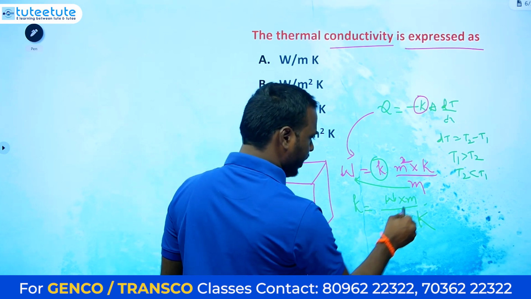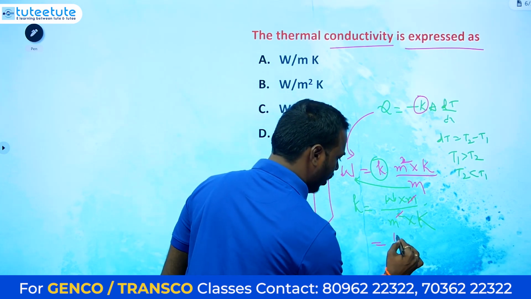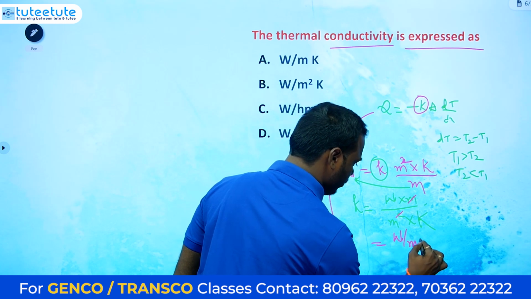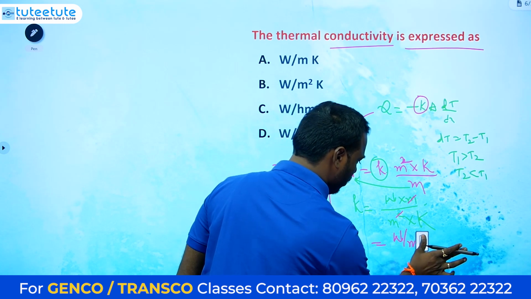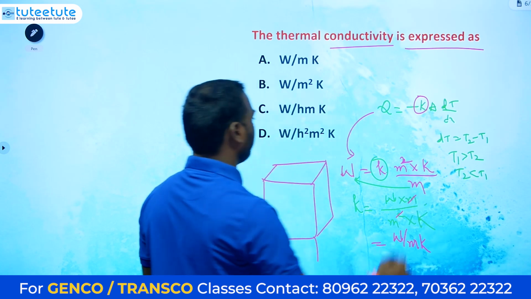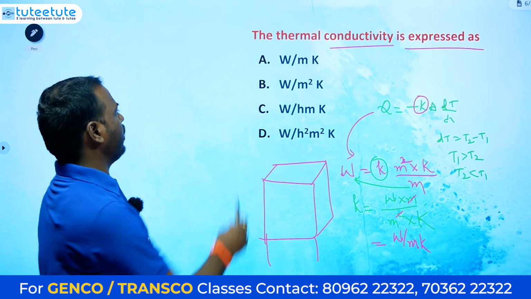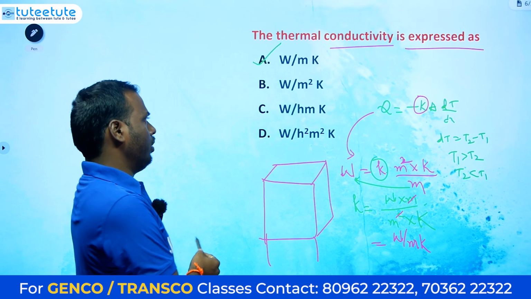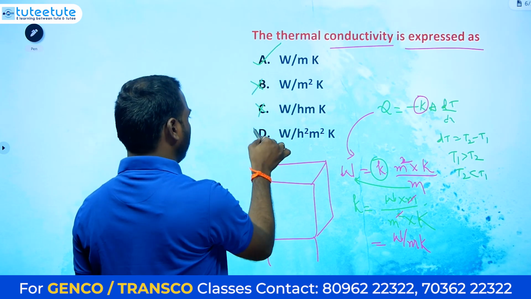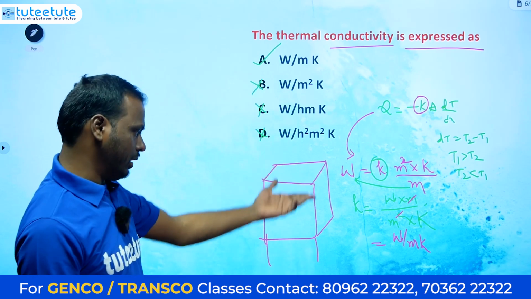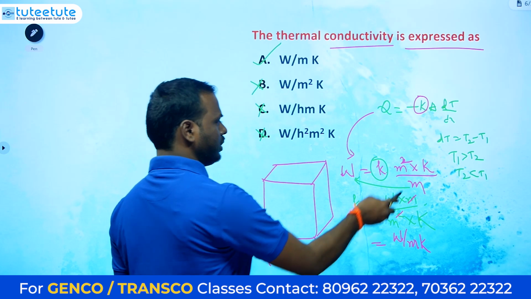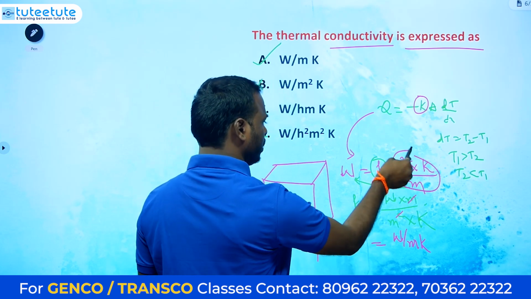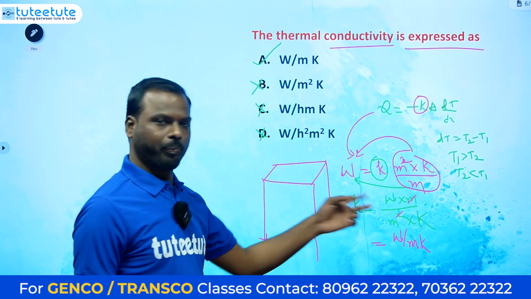Now meter will get cancelled, the rest will be watt per meter Kelvin. Watt per meter Kelvin is the unit; the others are not the correct answers. So I am just taking this to this side. That's it.